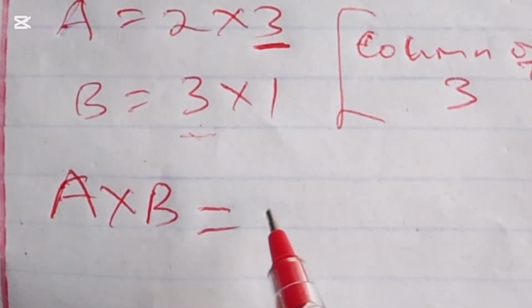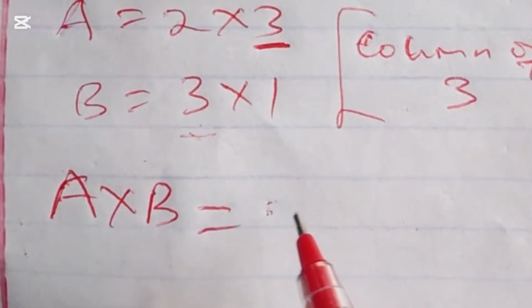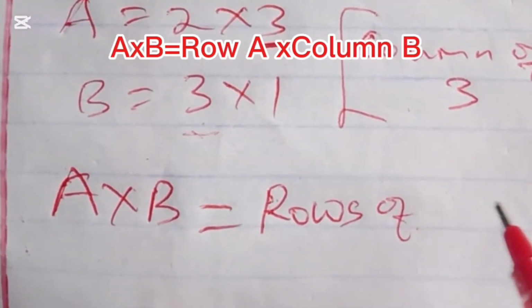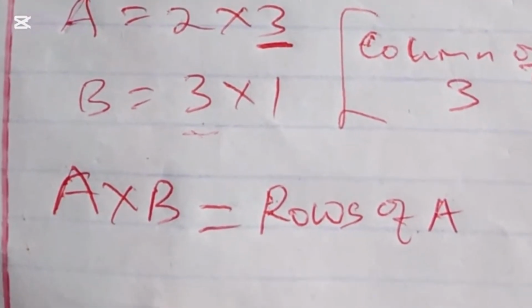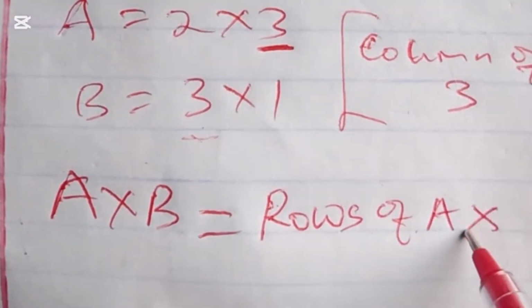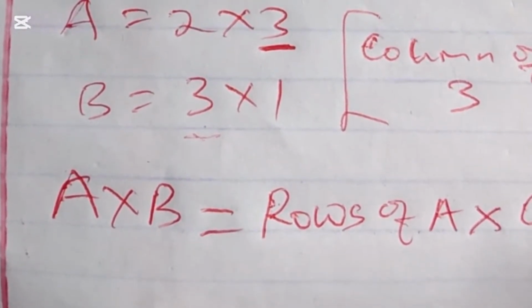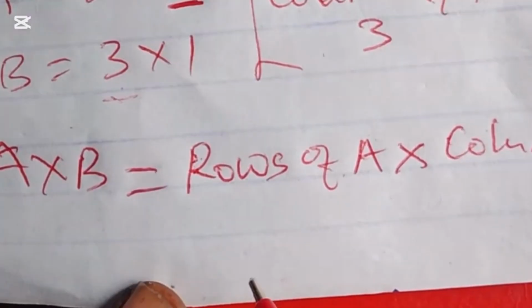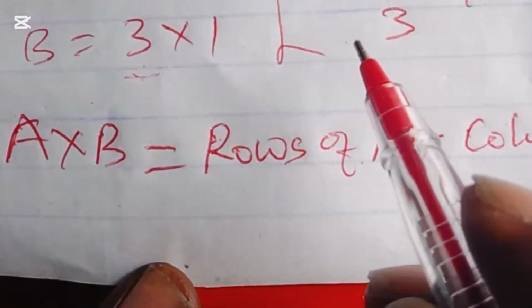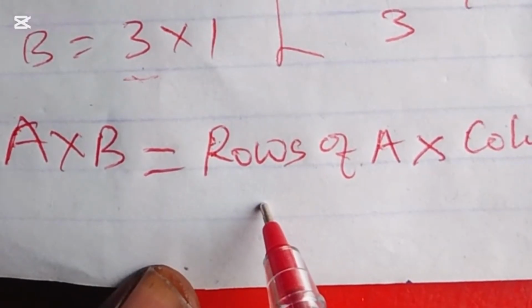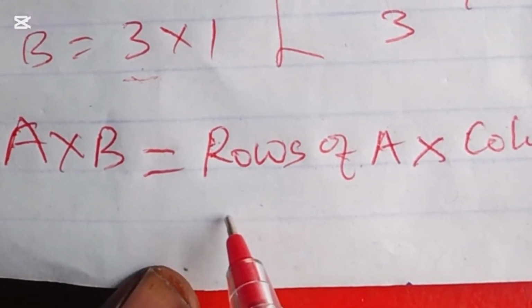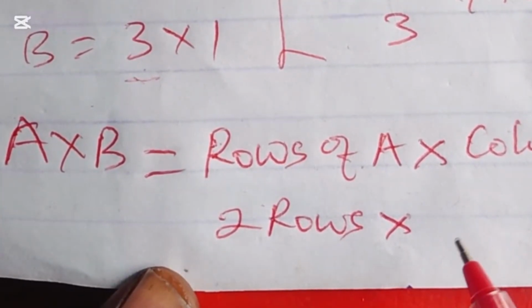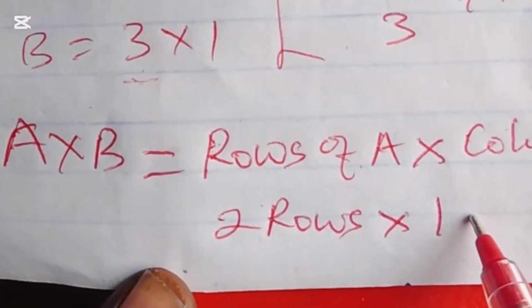So now the product is going to be the number of rows of A times the number of columns of B. A has 2 rows, and B has 1 column.